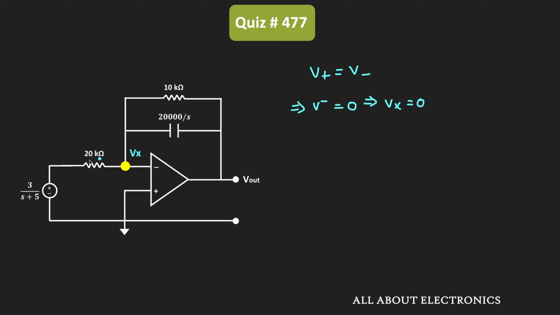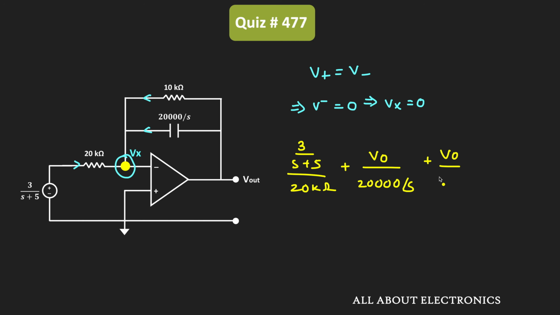Now let us apply the KCL at this node. The summation of all the incoming currents should be equal to 0. So we can say that 3 divided by S plus 5 divided by 20 kilo ohm, that is this current, plus V out divided by 20,000 by S, that is this current, plus V out divided by 10,000, that is this current, should be equal to 0.